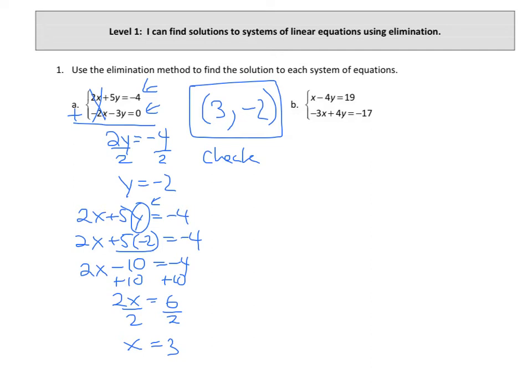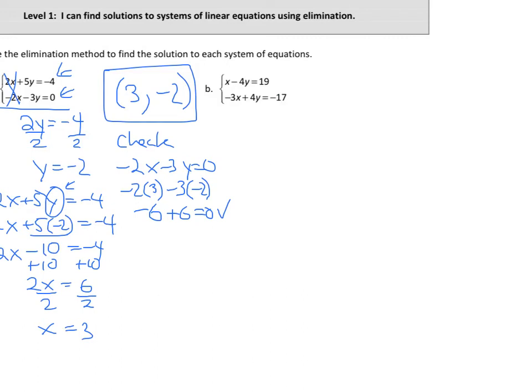So to check it, I'm going to use the equation negative 2x minus 3y equals 0, and I'm going to plug 3 in for x, so negative 2 times 3, minus, and then I'm going to plug in negative 2 for y, so negative 3 times negative 2, and I'm hoping that I get 0. So this is negative 6 plus 6, which does equal 0, so that means it worked. And my solution is valid.